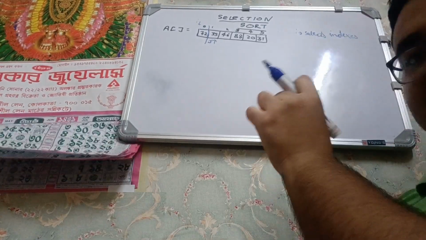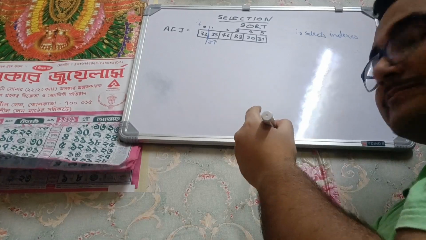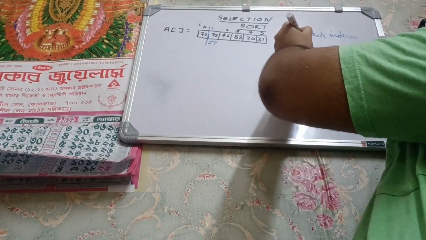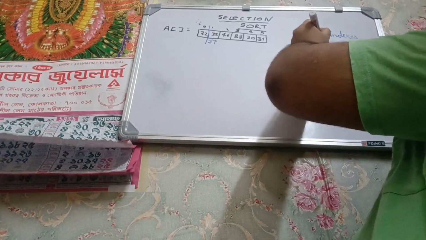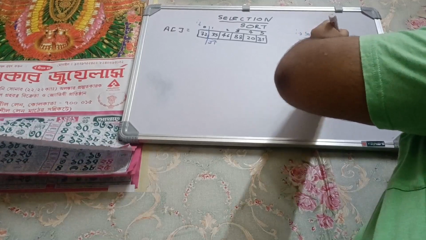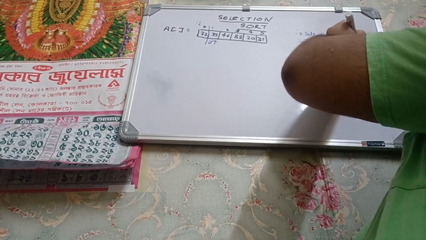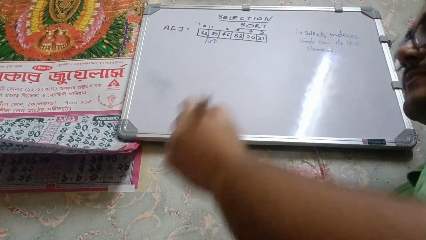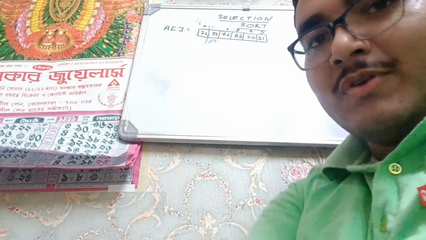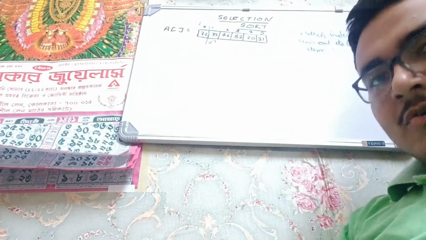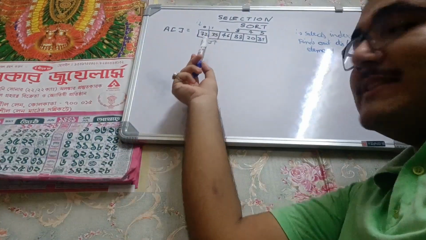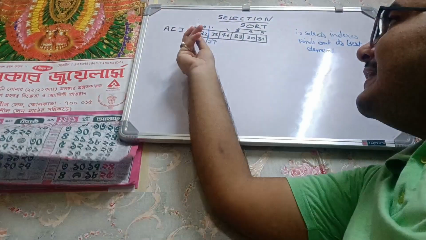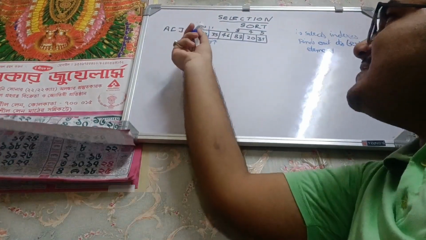It selects the indexes and finds out its best element. So the i pointer is not for comparison, it's for selection.